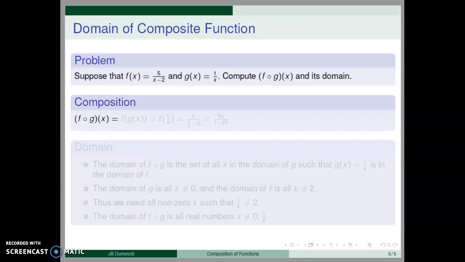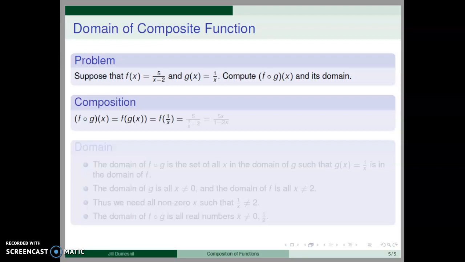To compute (f∘g)(x), we use the definition of composition and get f(g(x)). Now, according to the order of operations, we should compute the innermost value first. Since g(x) is 1/x, we get f(1/x).